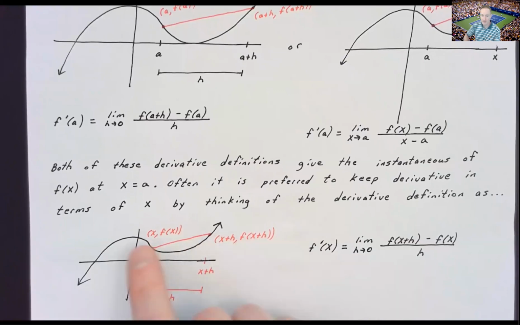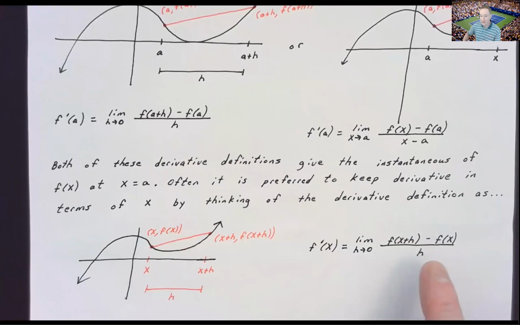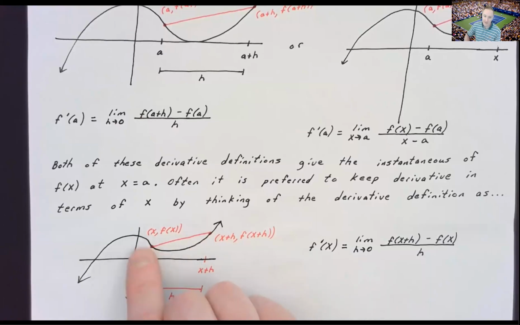You could say x plus h minus x. Of course, you get your h in the denominator again. And then you could say that slope of the secant line can still be made to tell me what happens at the instant of x if I just allow h to go to 0. I want to take that second point and push it infinitesimally close to the first point.